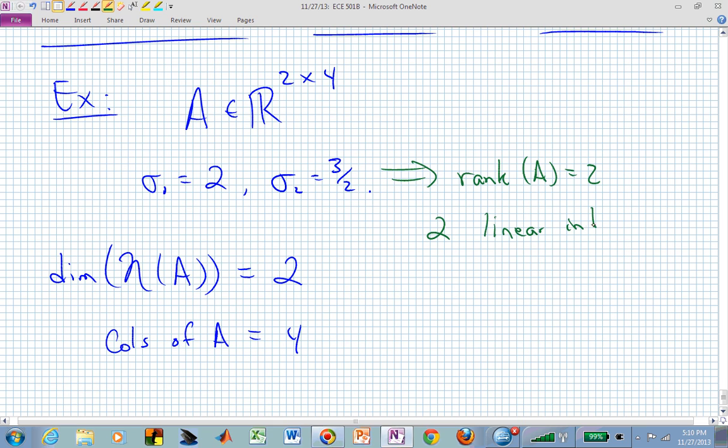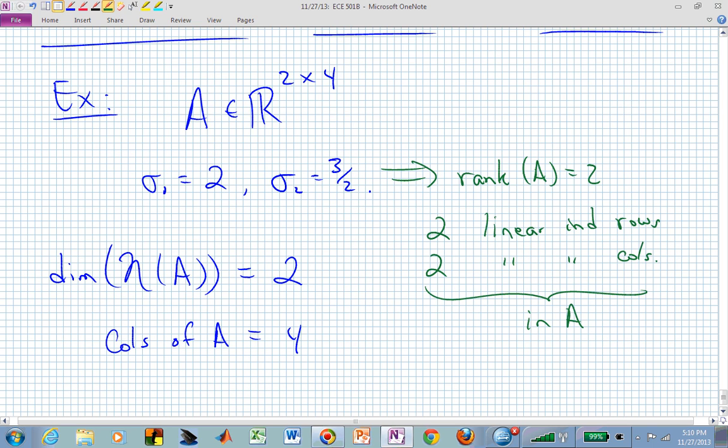linearly independent rows and/or 2 linearly independent columns in A, just from knowing the non-zero singular values of A. We can say the rank of A, and we can say how many linearly independent rows we have and how many linearly independent columns we have.